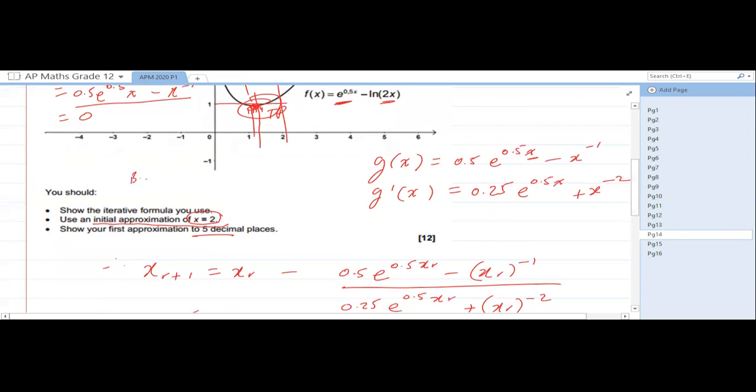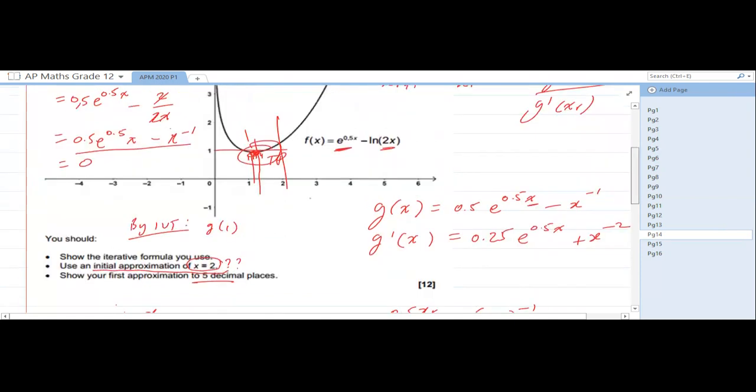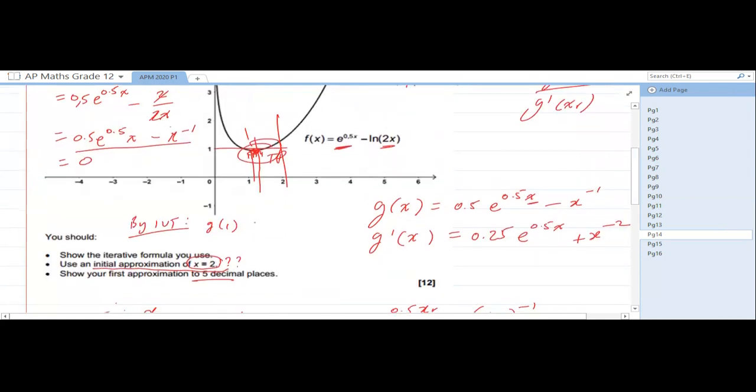By IVT, you can say g of 1, if you find g of 1 is less than 0 and g of 2 is greater than 0, then the best point to choose is the midpoint of 1 and 2.